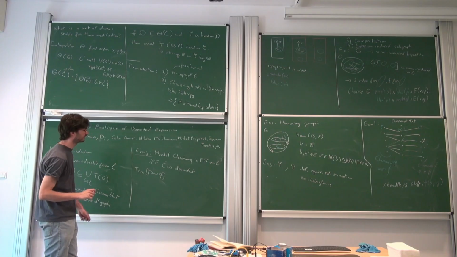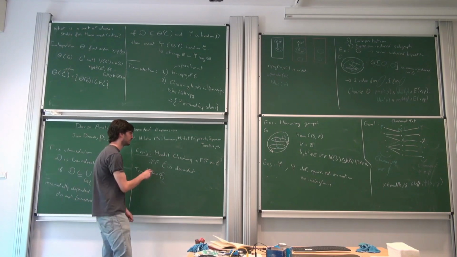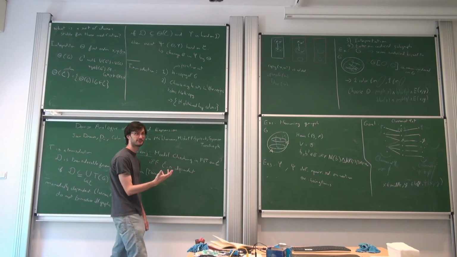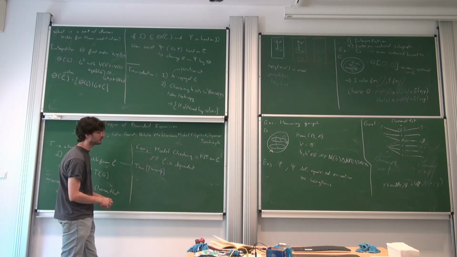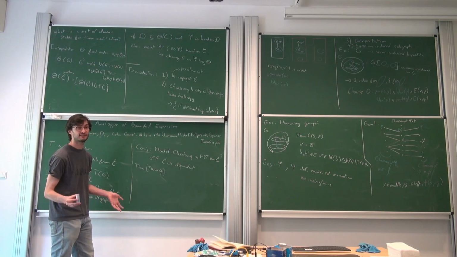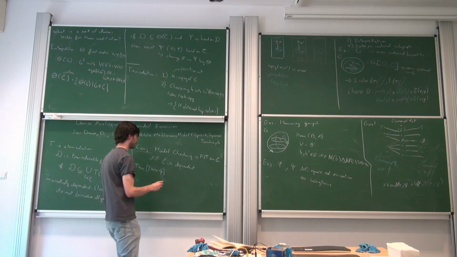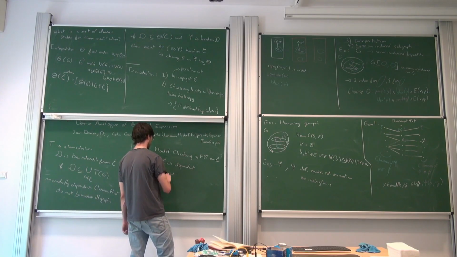So twin widths 4 is stating that the model checking of an ordered structure, an ordered binary structure, is FPT if and only if it's dependent. It's 4 and 1.